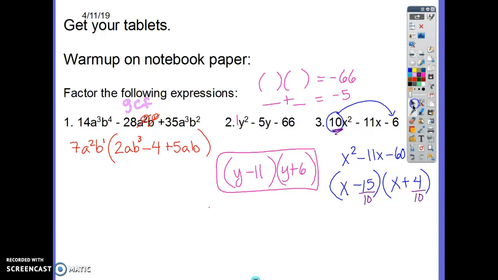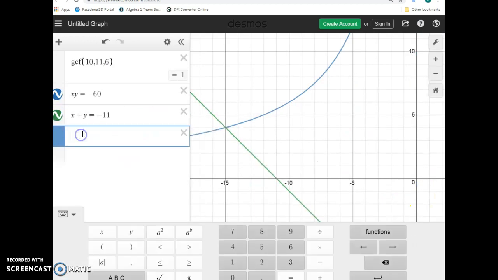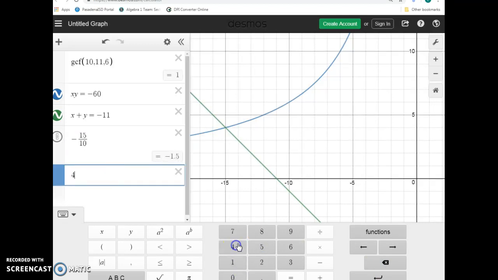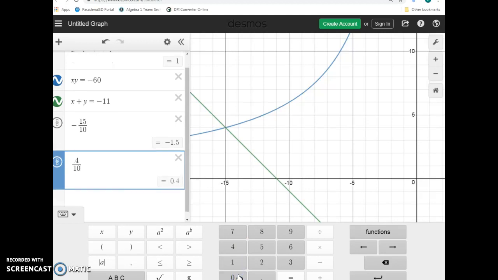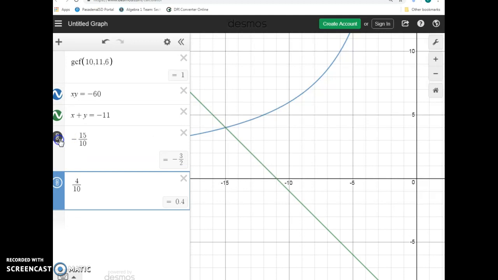So we're going to type negative 15 divided by 10 in decimals, and we're going to type 4 divided by 10 in decimals. Remember, I don't want decimal, so you're going to click the fraction button on both.